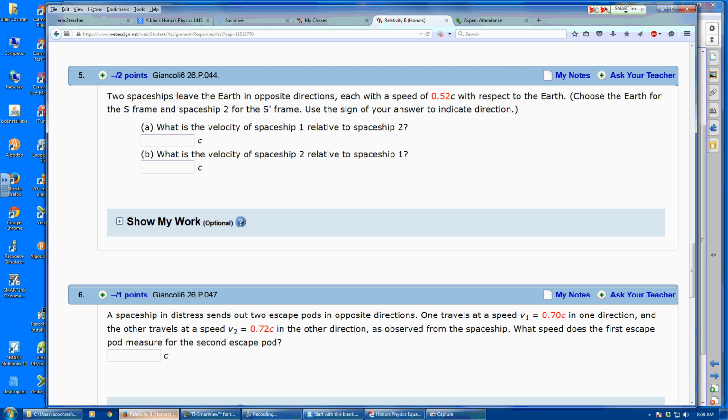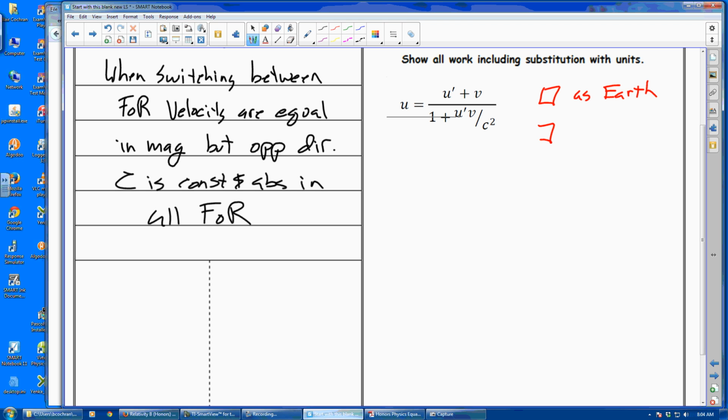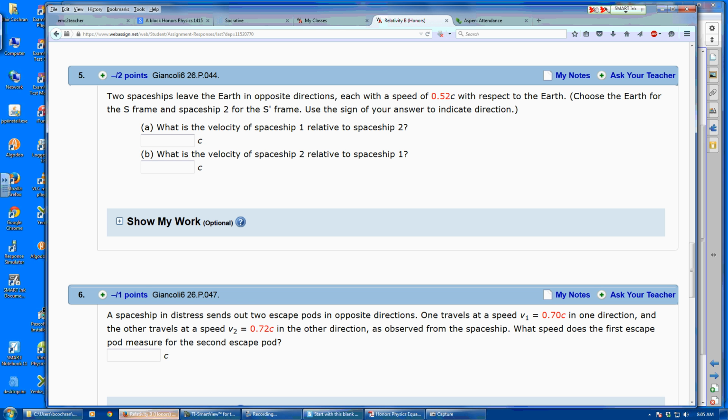So we will take anything with a prime as ship 2, as measured from ship 2's frame of reference. That's what they mean here, the problem will choose the Earth for the S frame. S stands for stationary, or can be interpreted as stationary. And the spaceship 2 as the S prime frame.